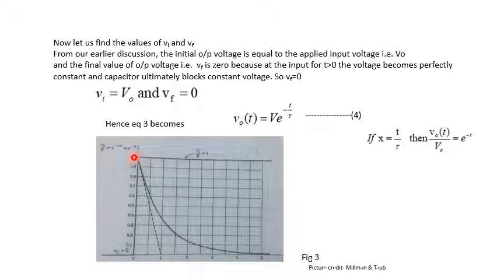So the input voltage was in the form of a step voltage. This is the input voltage, and the output voltage is like this. Hence at the input of the high pass RC circuit, we had applied the step input voltage, and at the output we are getting a wave which is of this form.